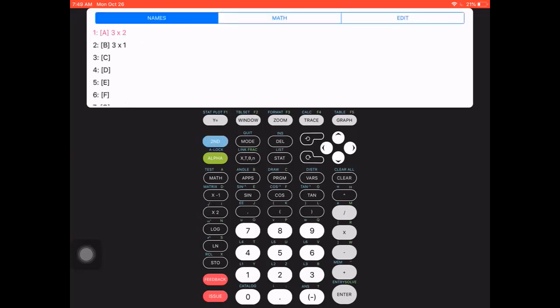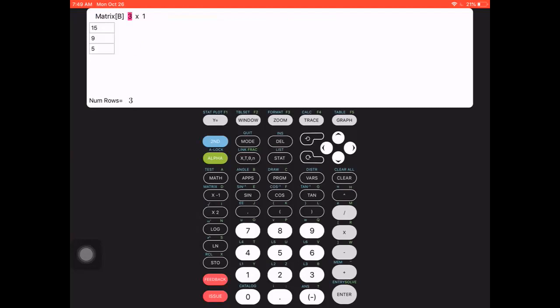I'll go back into second inverse, go over to edit, and now choose a new letter for matrix B. It will automatically bring you to the top. Type in your dimensions and type in your matrix.